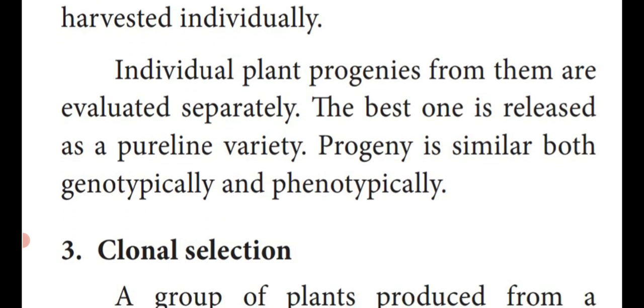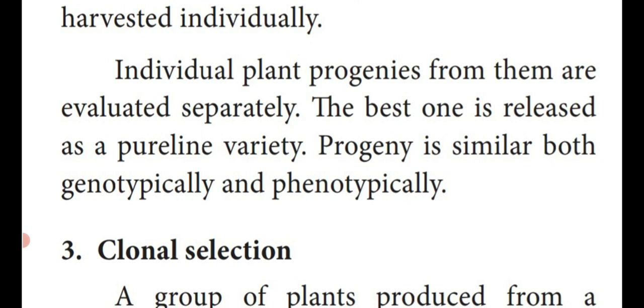Then, the newly formed progenies are evaluated separately. That means they will be taken into several experiments separately in the laboratory. Among those several individual progenies, we have to select the best one. The best quality crop is known as the pure line variety.